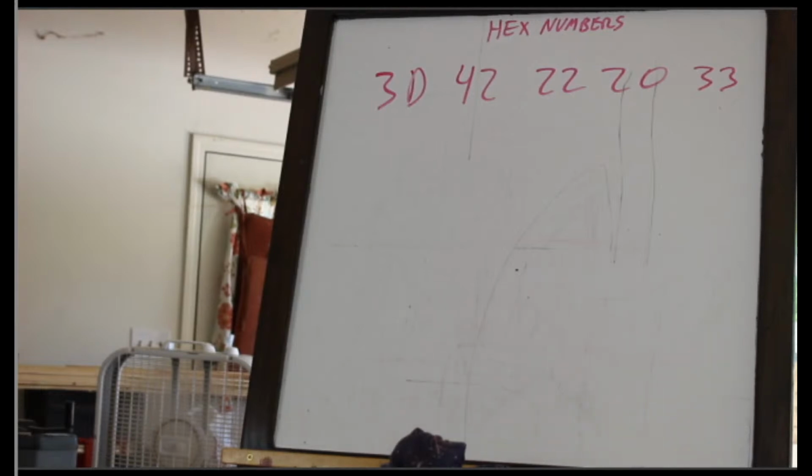I'll give you a second to look at the chart because you may have to be flipping back and forth between different windows. Okay, so again, that's a string of hex numbers that if you use the ASCII chart, you should be able to decode.